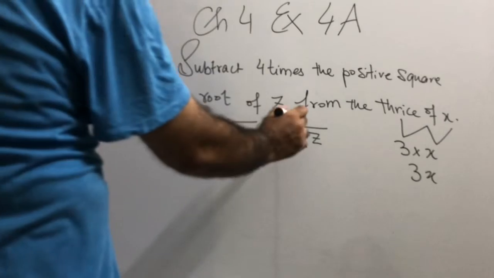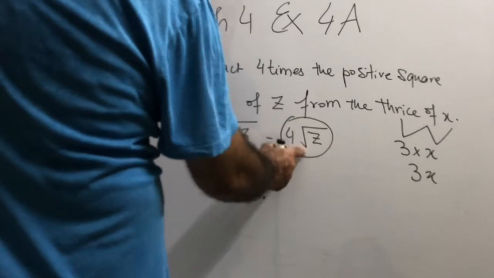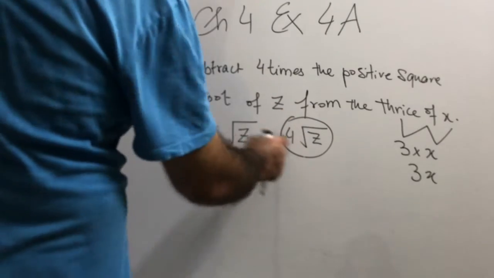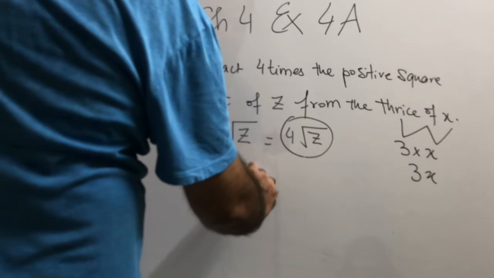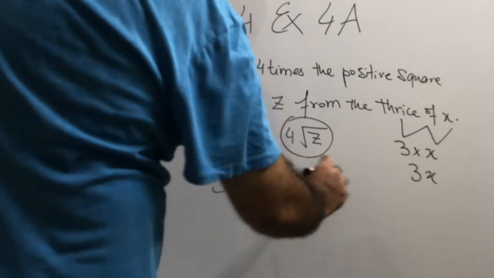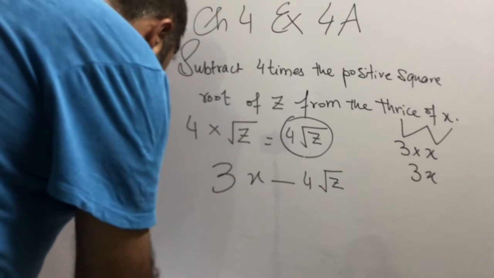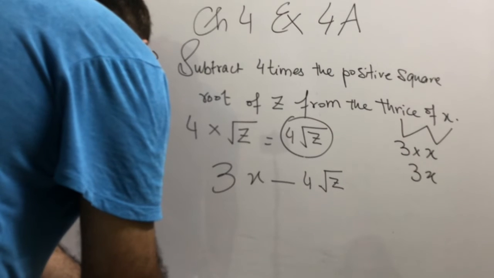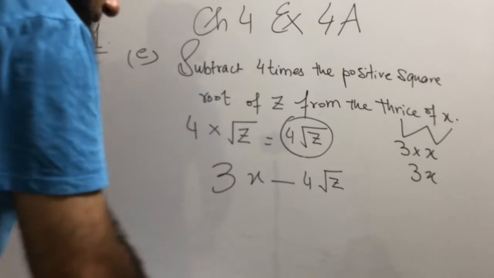We need to subtract this one, so the minus sign must be with 4 under root z because this will be subtracted. From where? From the thrice of x. Thrice of x is 3x. Subtract, minus 4 root z. So this is exercise 4a, question number 1, and we have done part E. So this is the answer.